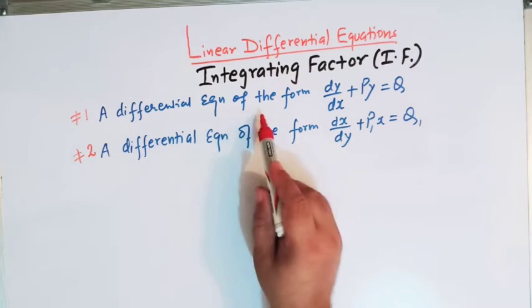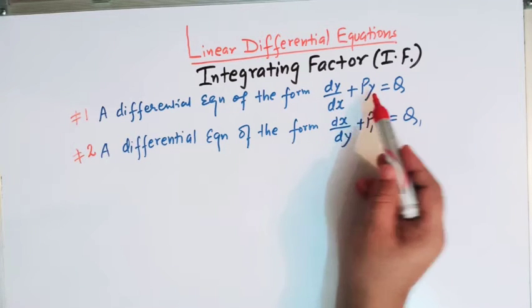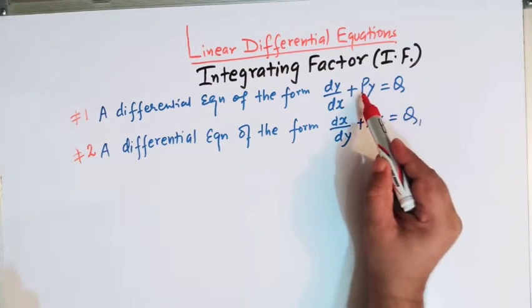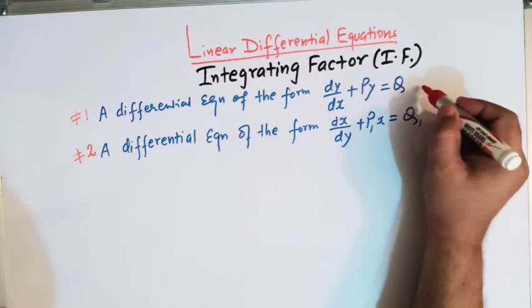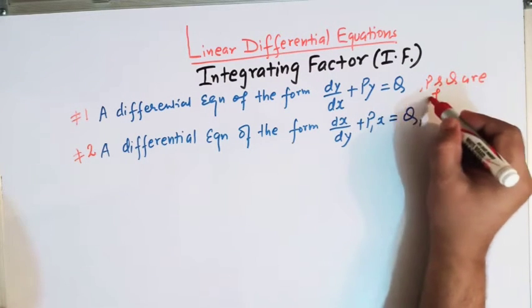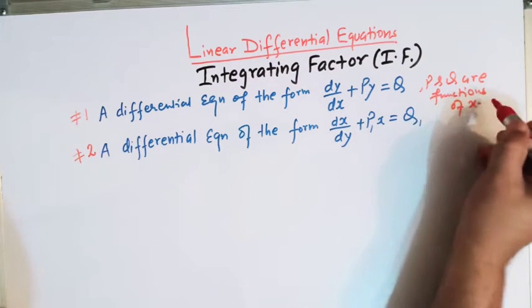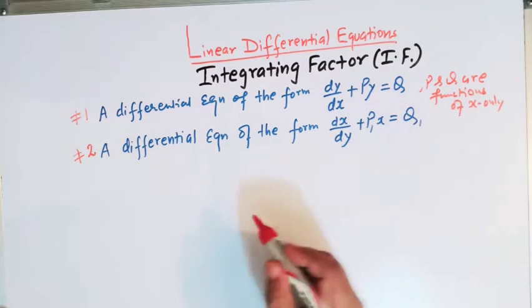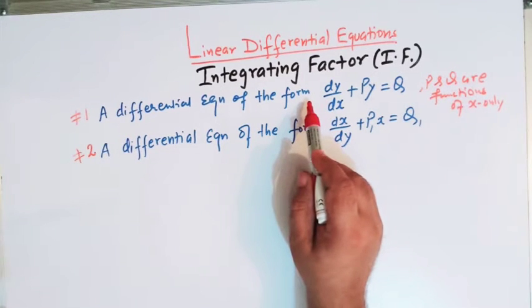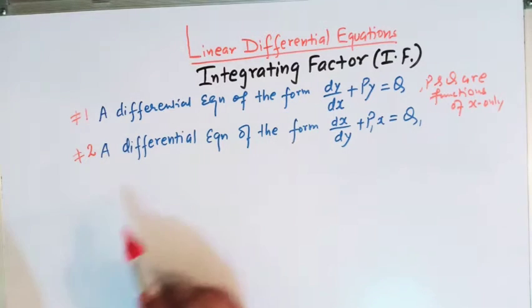A differential equation of the form dy/dx + Py = Q, where P and Q are functions of x only, is known as a first order linear differential equation, right?